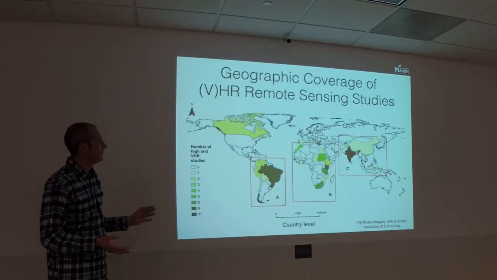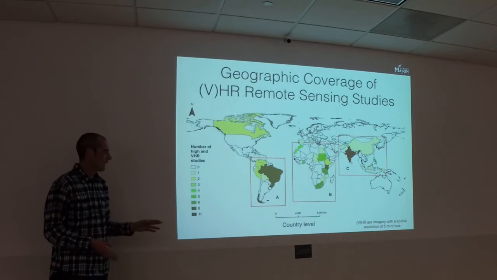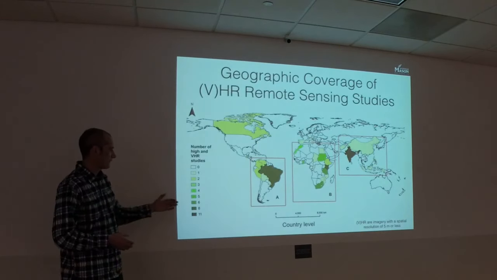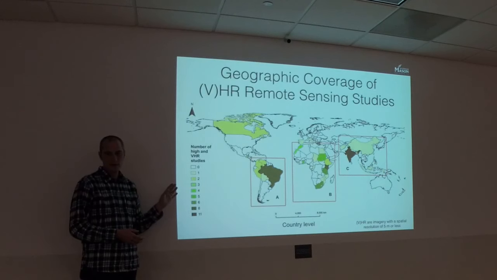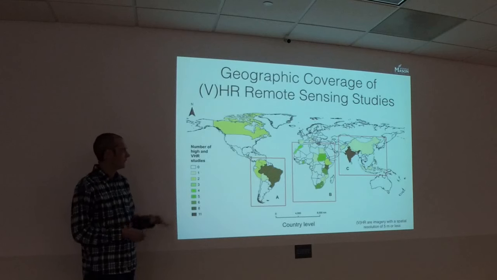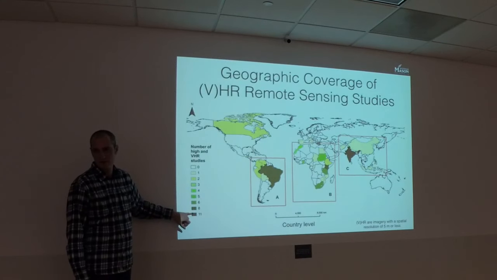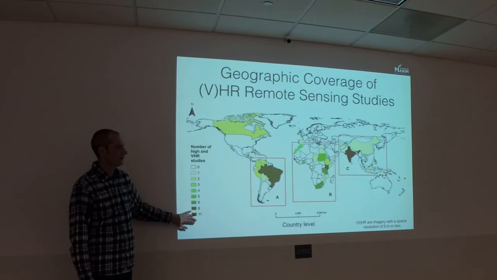So if you did a literature review, this was 2000 up to 2016. These are all papers that have done studies of slums. You sort of see relatively global coverage, right? But look at the actual number of studies. They're very small numbers, right?